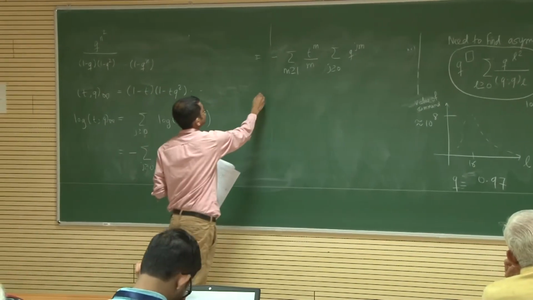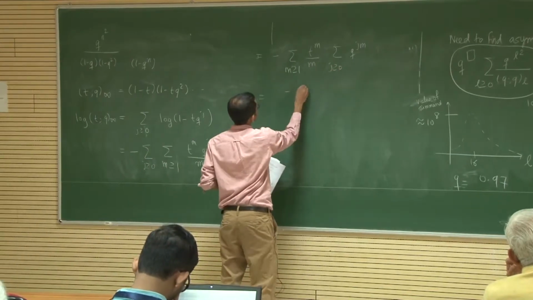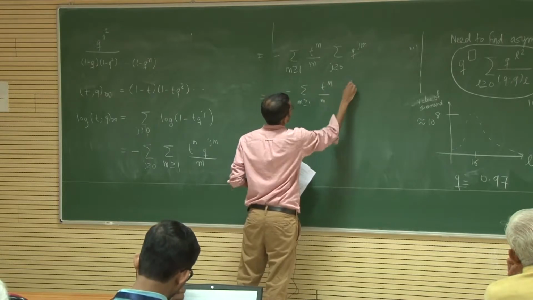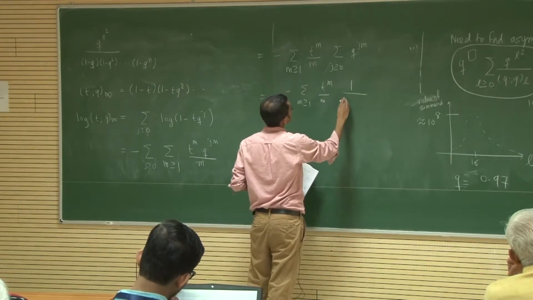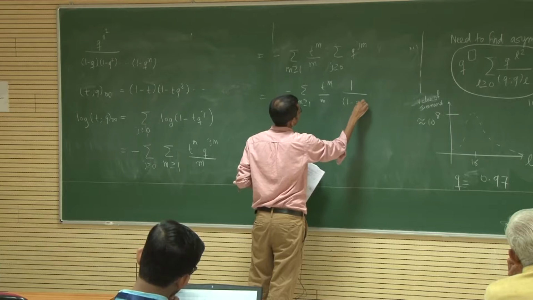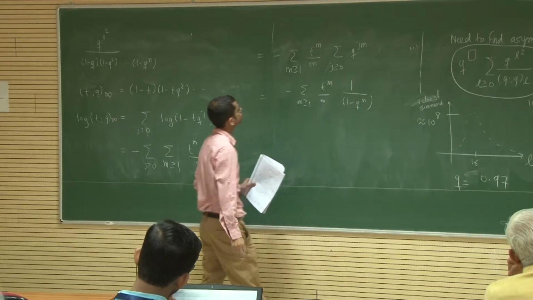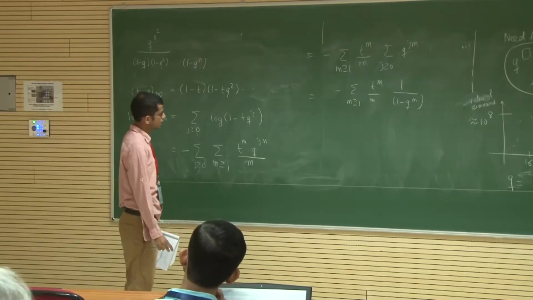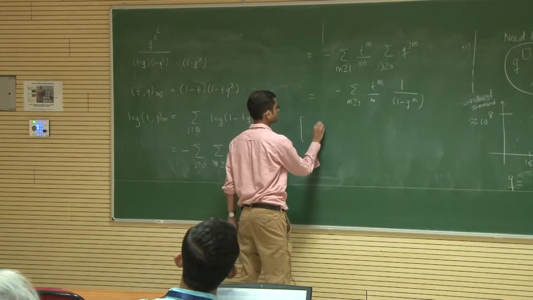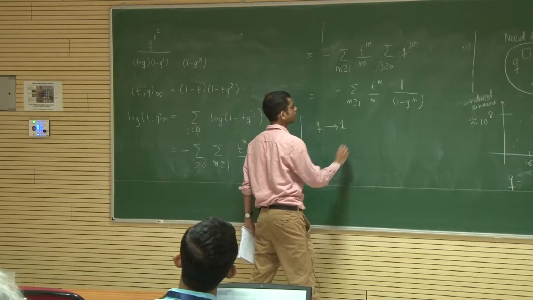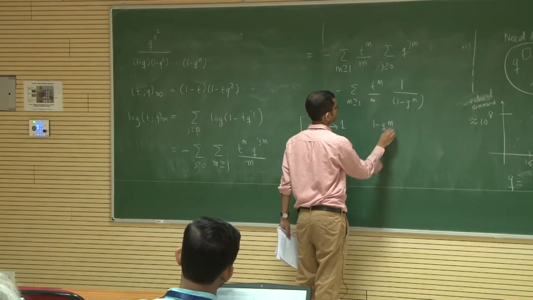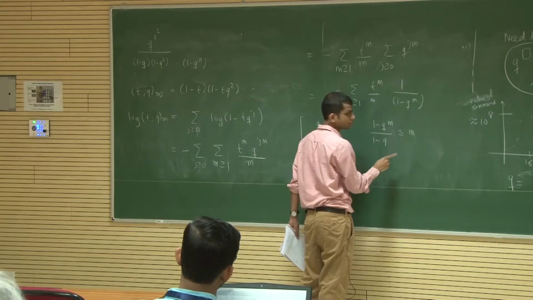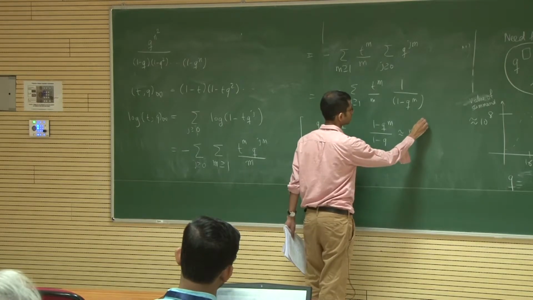Maybe, yeah. Now, this is a geometric sum, 1 over 1 minus q to the m. Okay. Remember, as q approaches 1, 1 minus q to the m is roughly equal to m by L'Hopital, right.